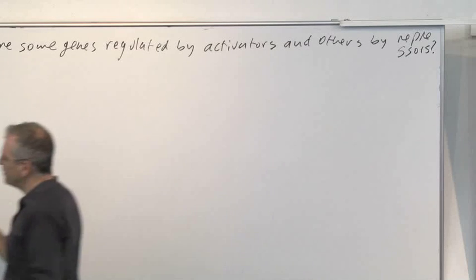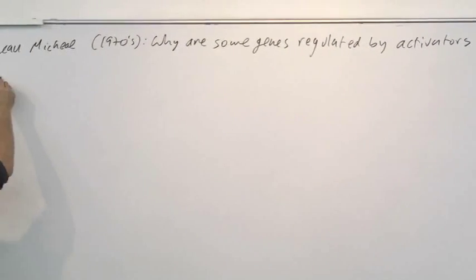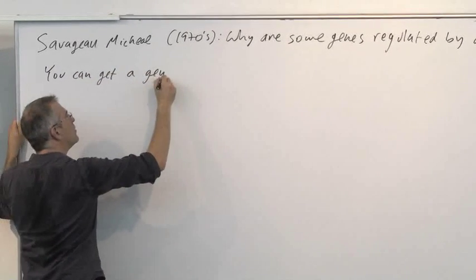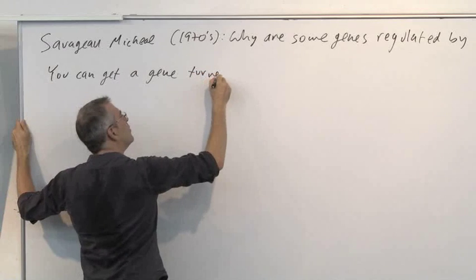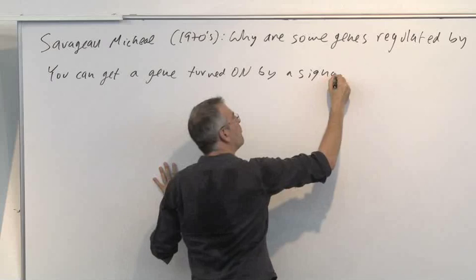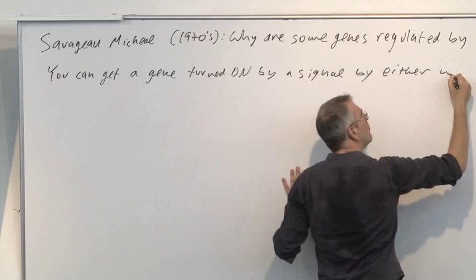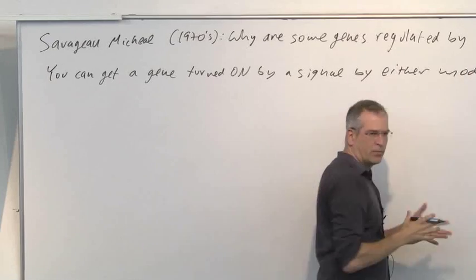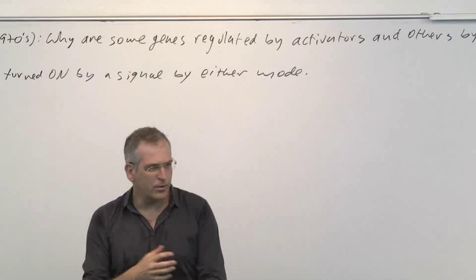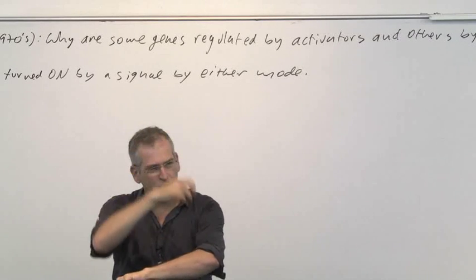The important thing to realize is that you can get a gene turned on by a signal by either mode. When I say mode, I mean activator or repressor. Very simply, you can turn on a gene by having a repressor go off the DNA or by having an activator go on the DNA.